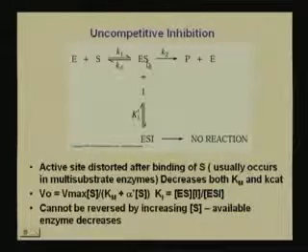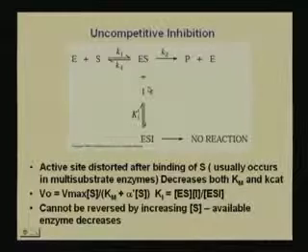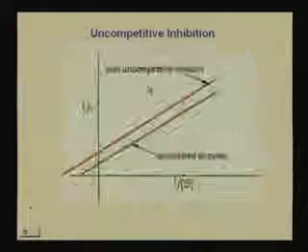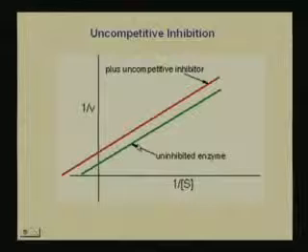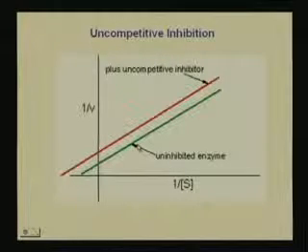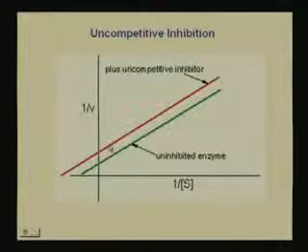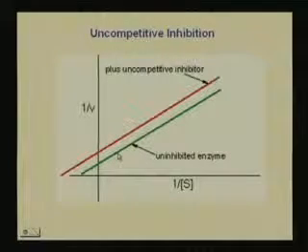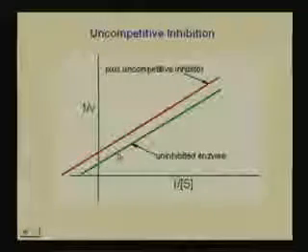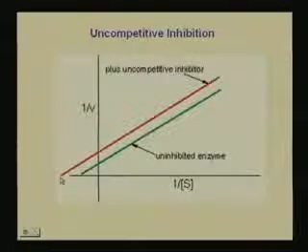Okay? So, what do our kinetic curves look like for uncompetitive inhibition? It is going to be a parallel line. Why? First of all, you know that this red line, that is the line with the inhibitor, is always above the uninhibited enzyme, because the reaction is now slower. But what happens to our Km? What has happened to our Km?